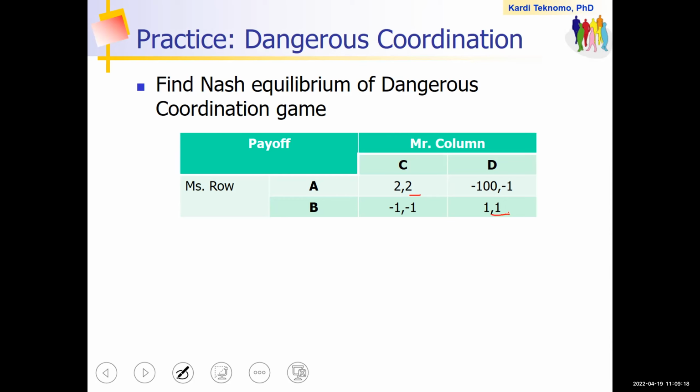D. Now, if Mr. Column plays C, what will Miss Row do? Okay, so we'll do A. If Mr. Column plays D, oh, this is again a coordination game, right? So even though the numbers seem different from the usual coordination game, you know this must be coordinated.